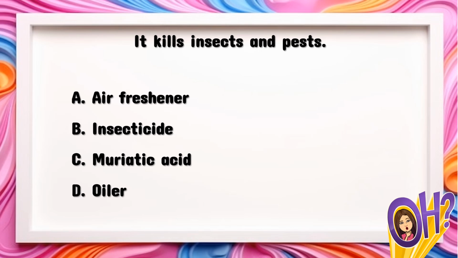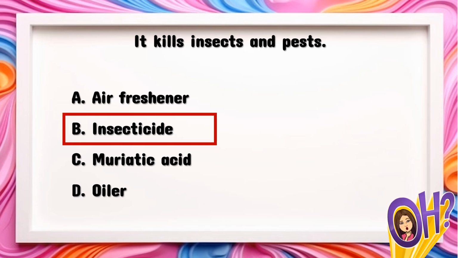It kills insects and pests. A. Air freshener. B. Insecticide. C. Muriatic acid. D. Oiler. The answer is letter B. Insecticide.